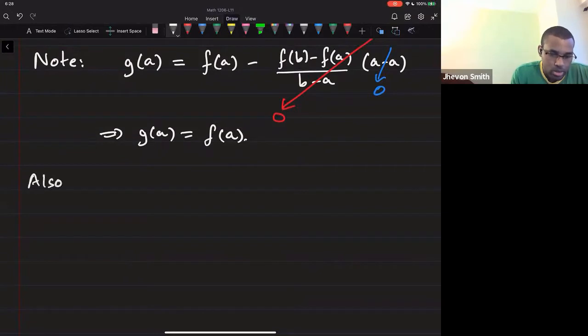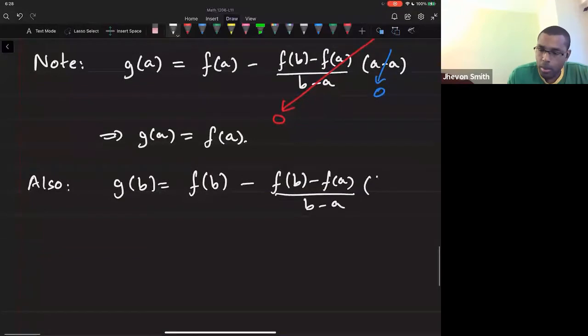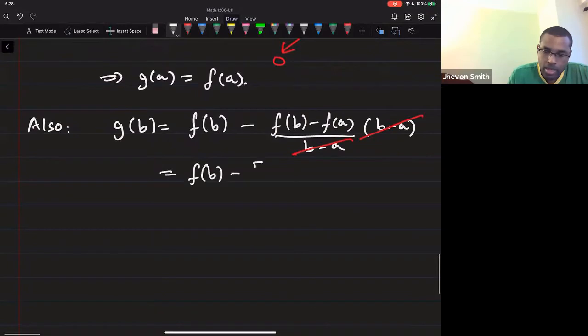So that's one thing. Also, if I were to find g of b, this is f of b, and instead of x, I'm going to plug in b. That's going to cancel with that. So I'm going to have f of b minus f of b minus f of a.